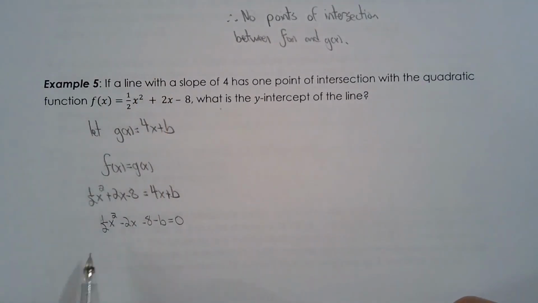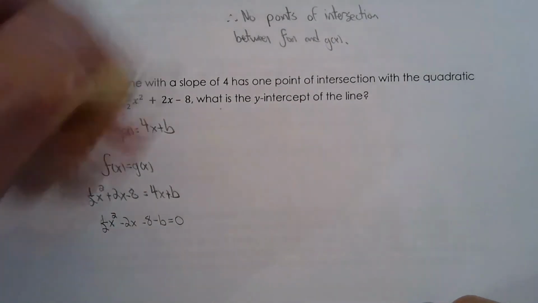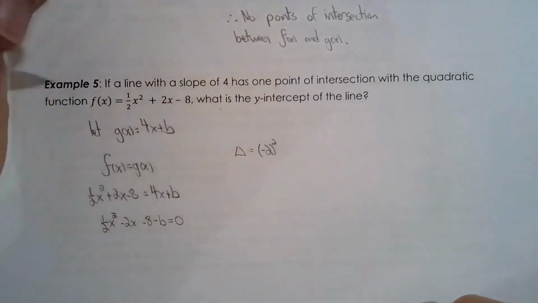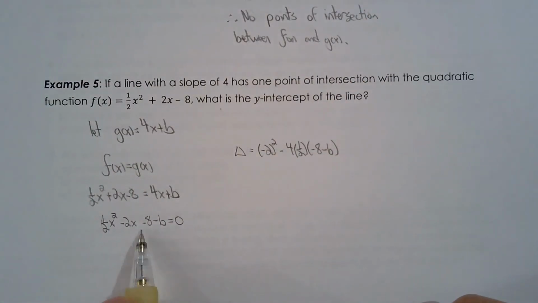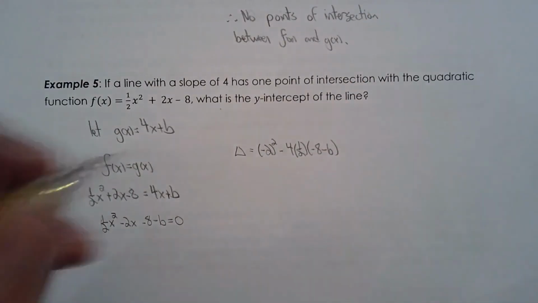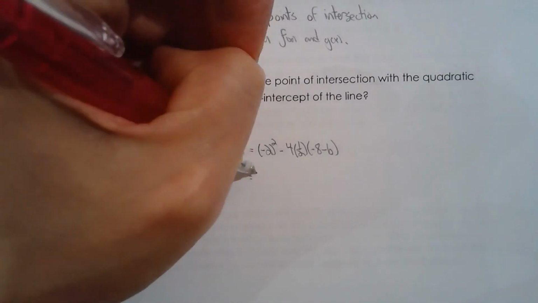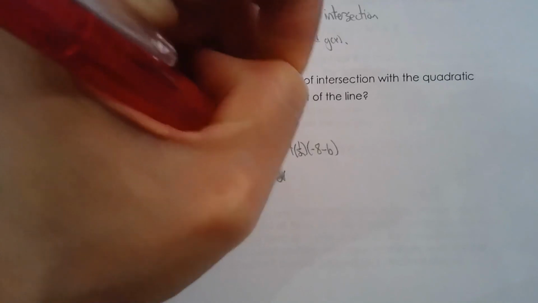Okay, so let's find the discriminant here. Negative 2 squared minus 4ac. Now be careful, c is negative 8 minus b. Okay, so we have 4 minus 2 times negative 8 minus b.